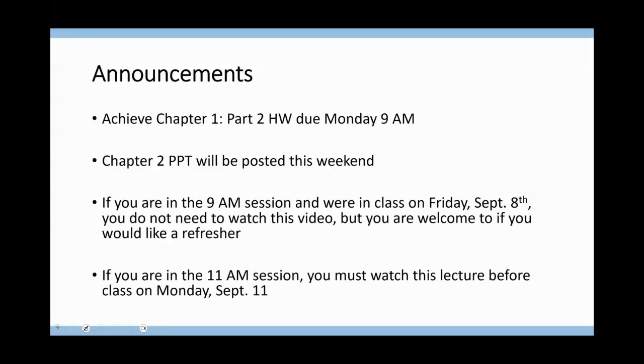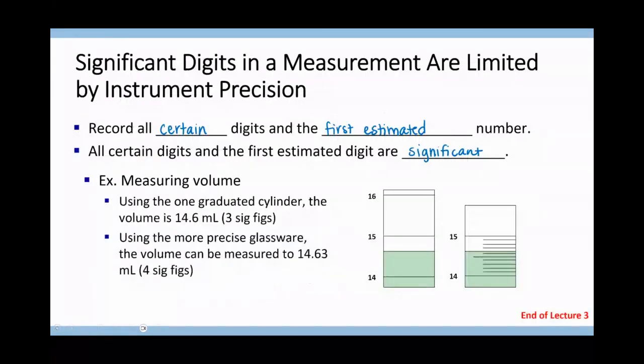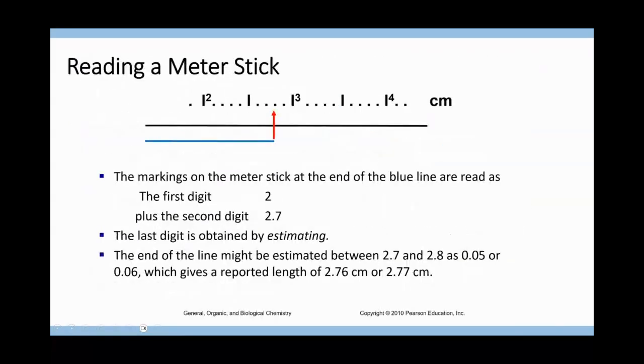At the end of class on Wednesday, we talked about measurements and determining the number of significant digits in a measurement, and that depends on the instrument precision. So I have another example here where we're reading a meter stick, and if we're trying to find how long this blue line is, we know for sure it is greater than 2 centimeters.